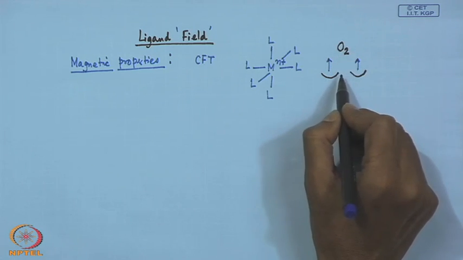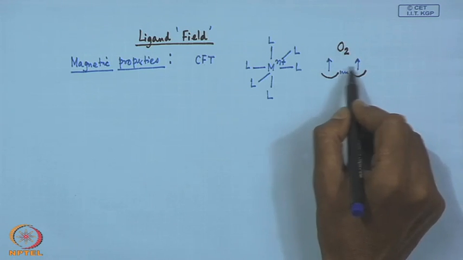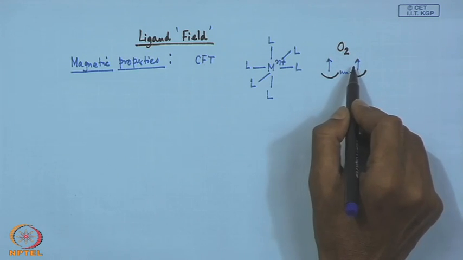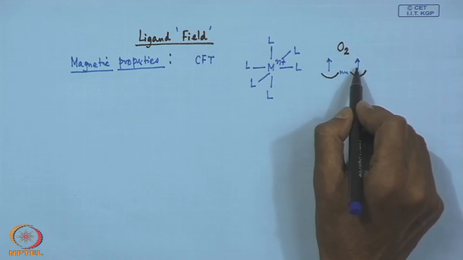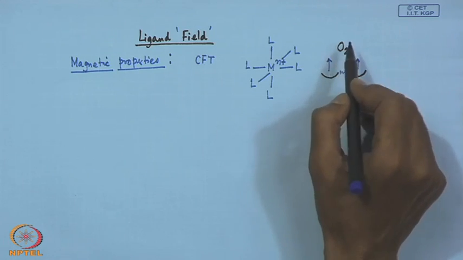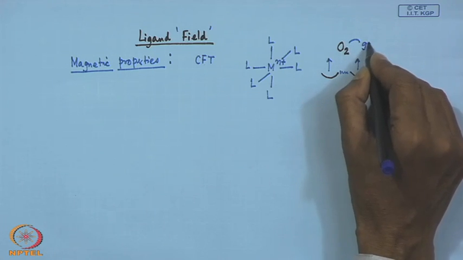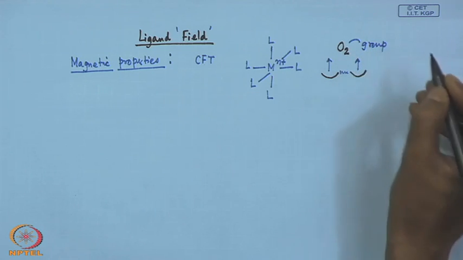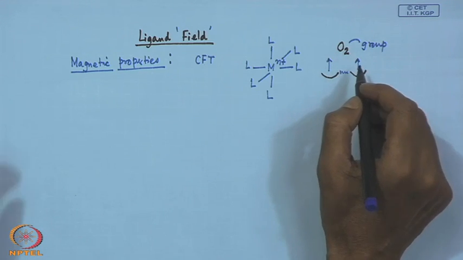So, the situation is becoming much more complex when two metal centers are having some amount of paramagnetism. It can be 1 electron paramagnetism, or it can be 2 electron or 3 electron paramagnetics, and apart from that the small molecule or small group which is bound to these metal centers is also paramagnetic in nature.